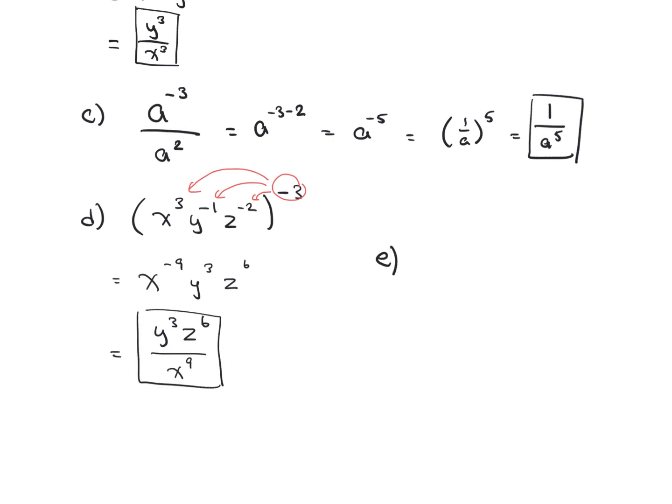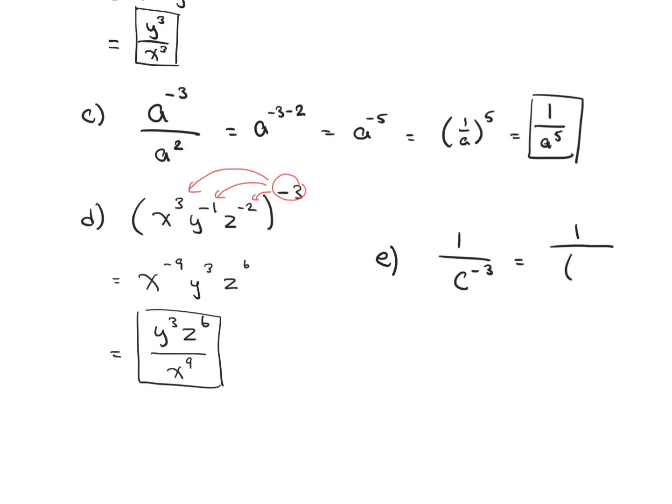One more I just thought of. What if you have something like this? 1 over c to the negative 3. Okay, so interesting. So the first thing, I'll keep the 1 as it is. I'm going to deal with the c to the negative 3.